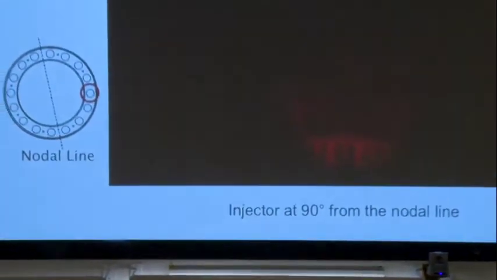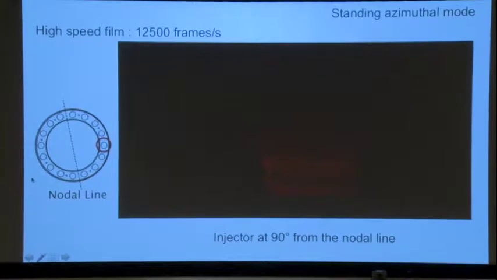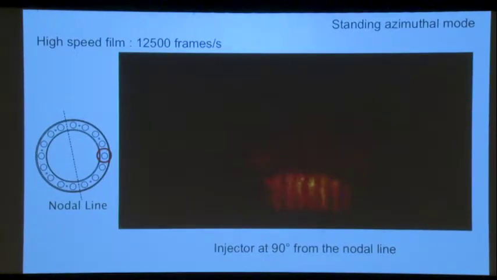Let's go now to the other case where you are perpendicular to the nodal line. And here you see that the flames are changing very strongly when you are in a region where the pressure moves, where the pressure fluctuation is large. And of course, it looks a little bit like what we've seen before for these matrix burners.